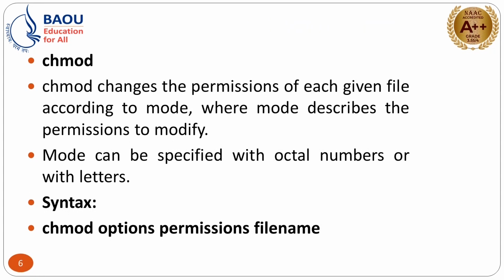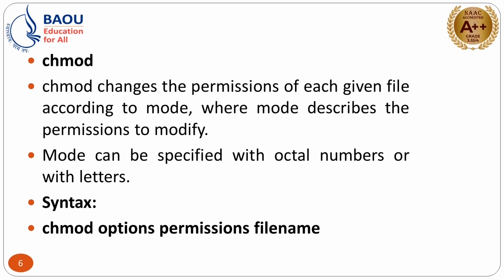Now, as we have discussed in the previous session, suppose you want to see the details of files available in the current directory, you use the ls command. Now suppose you require the detailed listing of files and directories, you use the option ls -l.